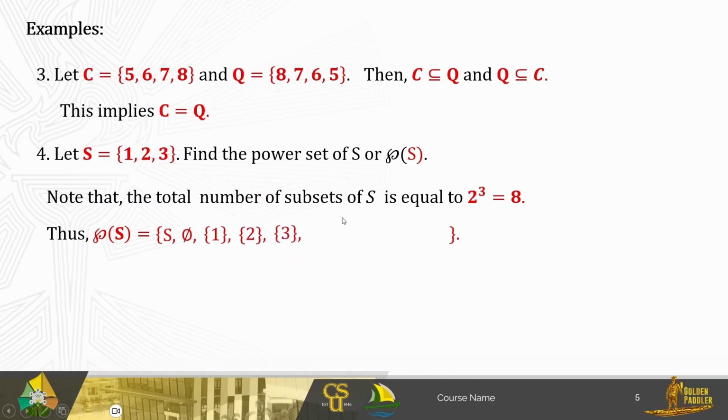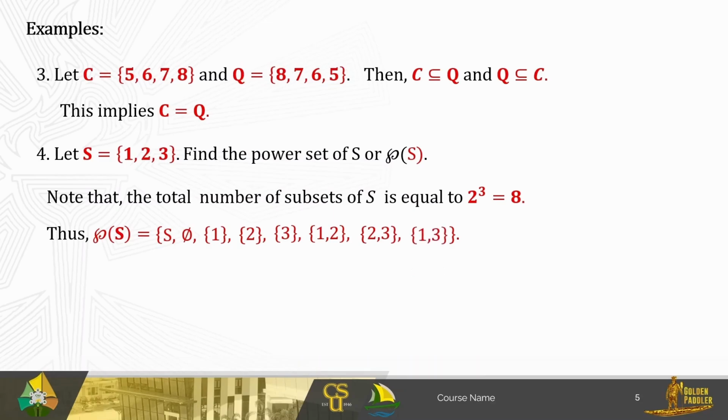Note that these are all subsets of S. The next ones are the sets containing 2 elements. So we need to pair 1 and 2, 1 and 3, and then 2 and 3. So the remaining elements are {1, 2}, {2, 3}, and {1, 3}.